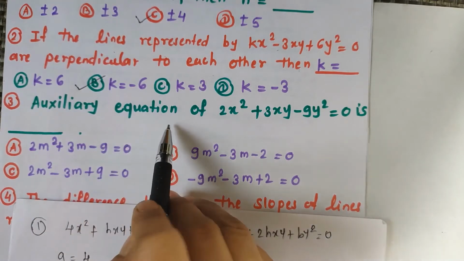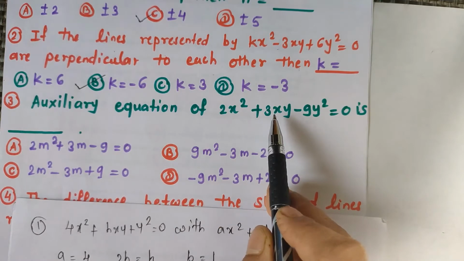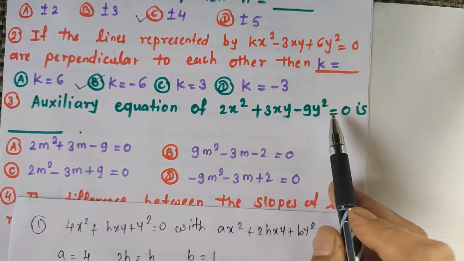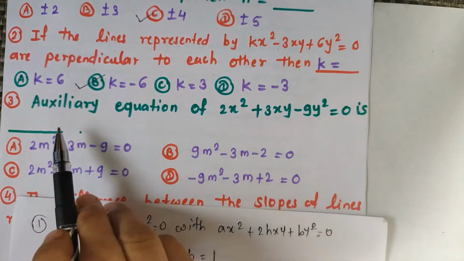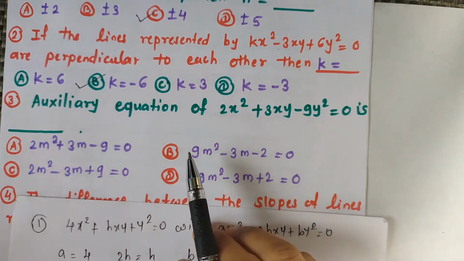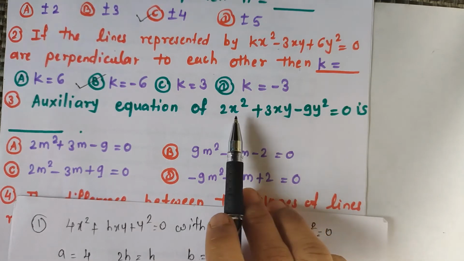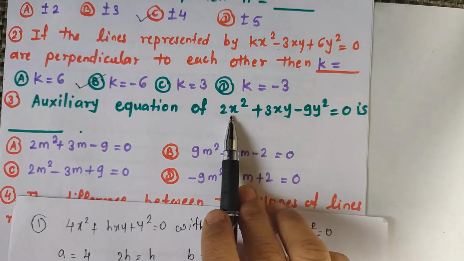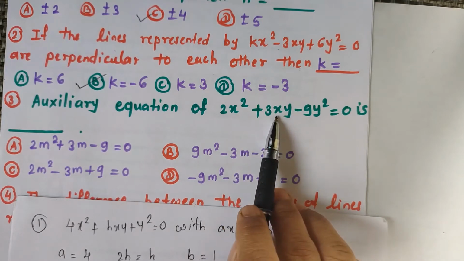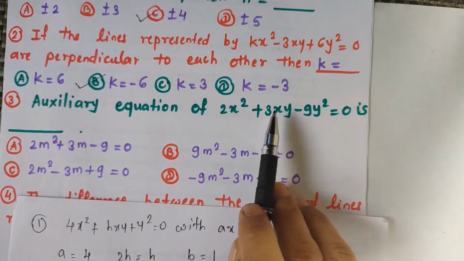The auxiliary equation of 2x square plus 3xy minus 9y square is equal to 0 is. We know that the auxiliary equation of a homogeneous equation of degree 2 is bm square plus 2hm plus a is equal to 0. So first compare the given equation with the homogeneous equation and find the values of a, h and b.